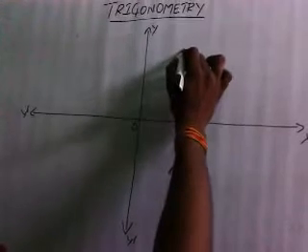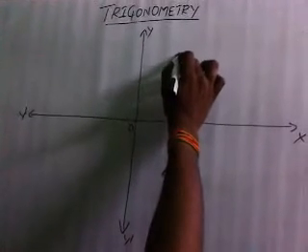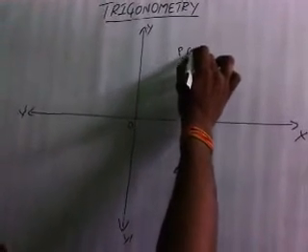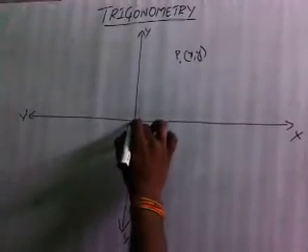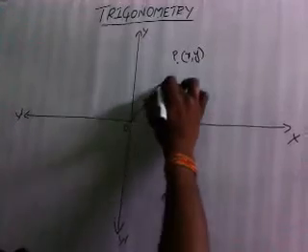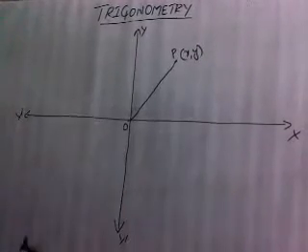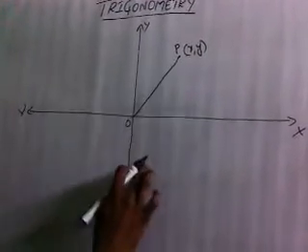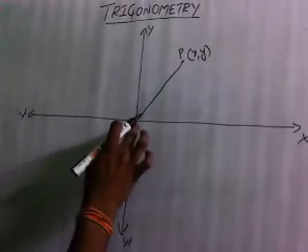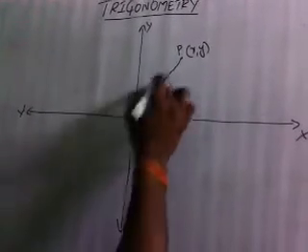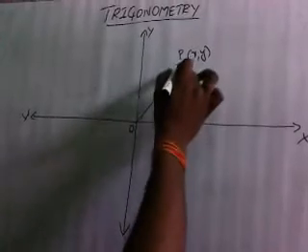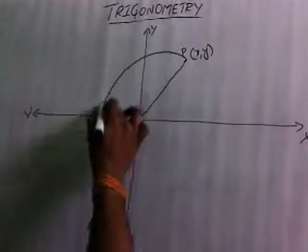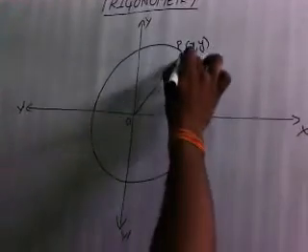So let the point be some P, in the form x comma y. Now join OP. With OP as the radius and O as the center, draw one circle like this.